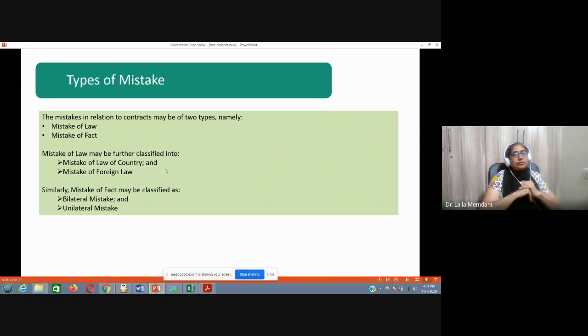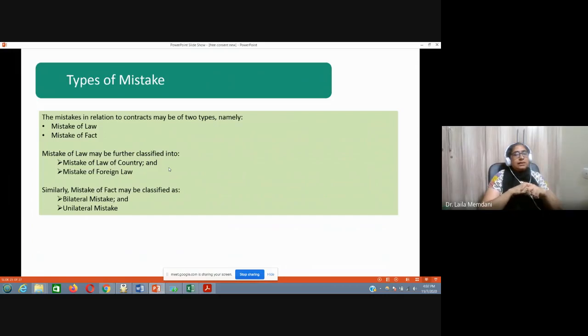When there is a mistake of foreign law, the contract is void. Now, mistake of fact is again of two types, bilateral and unilateral mistake. If both the parties are at mistake, it is bilateral, and it is unilateral when only one party is at mistake. But the mistake of fact must be of such a nature that it is important for that contract.